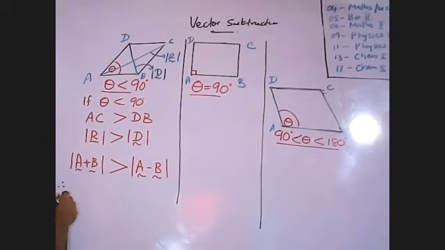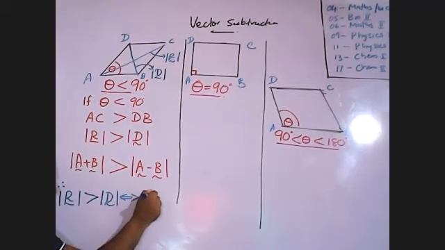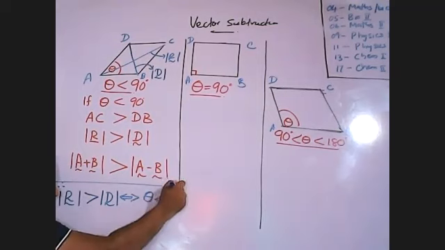Therefore, if the magnitude of the resultant vector is greater than the magnitude of the difference, then I can say theta is lesser than 90. This is a very important relationship.